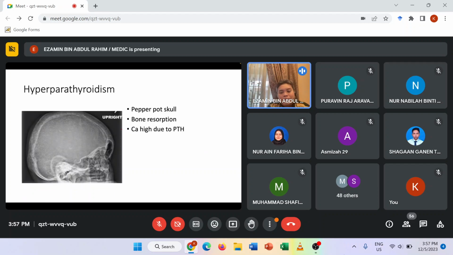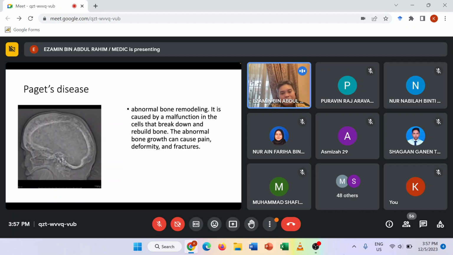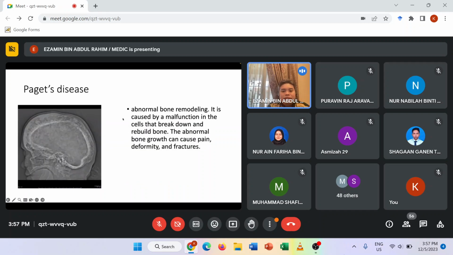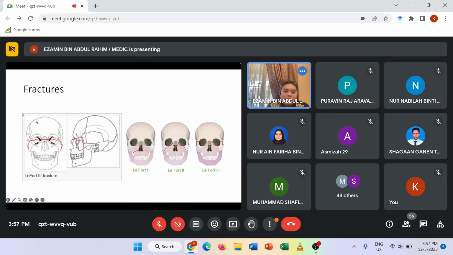Actually it is similar to Paget's, but the cause is different, right? This one Paget disease, like I said earlier, abnormal bone remodeling. So it becomes like a cotton wool appearance, like this, like cotton wool, right?